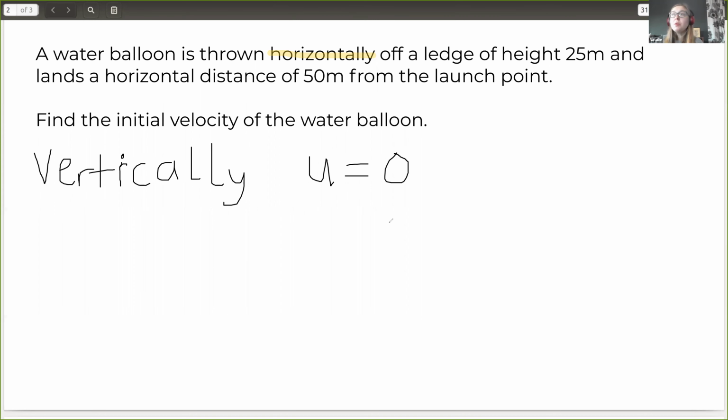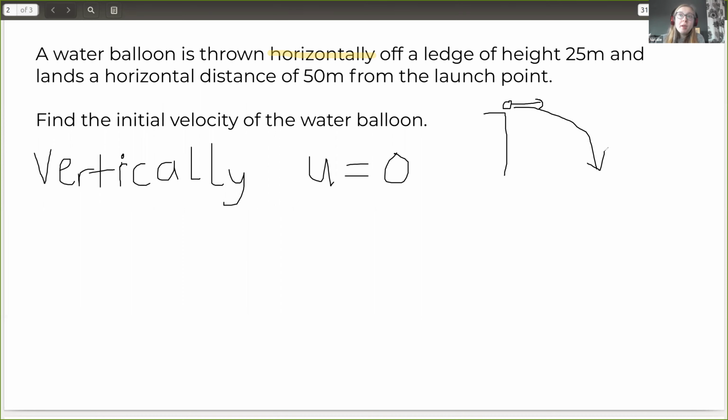And if something is thrown from a height horizontally, the only way that projectile is going to go is down. So if I'm on the ledge here and the water balloon is being thrown off horizontally, it's going to go down. It hasn't got an upwards part of its motion.